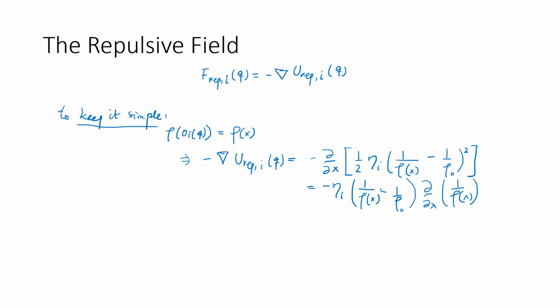When you do that, this is going to be equal to eta_i, and you have 1 over rho of x minus 1 over rho naught as it is, and then you have rho of x raised to the power minus 2, and then once again the partial derivative of rho of x.